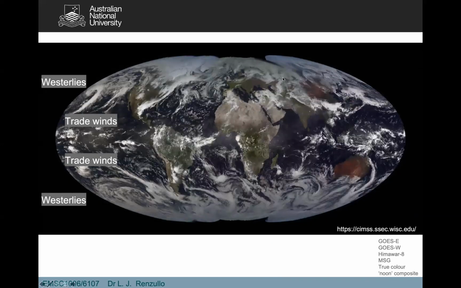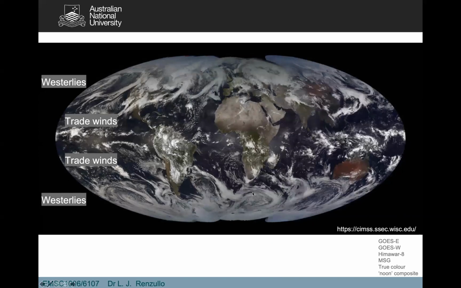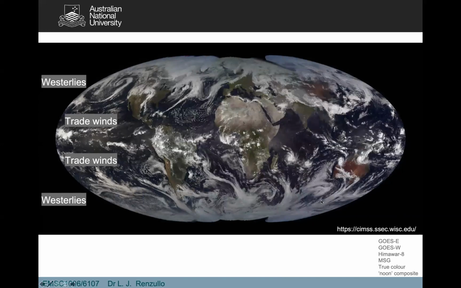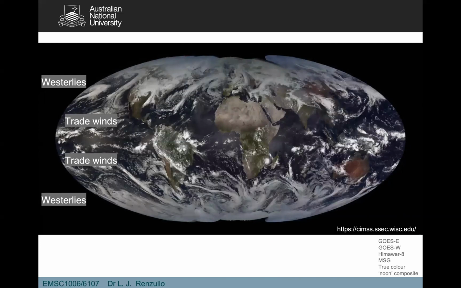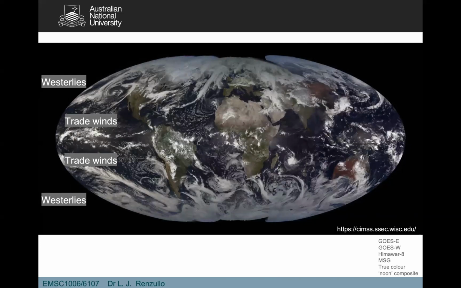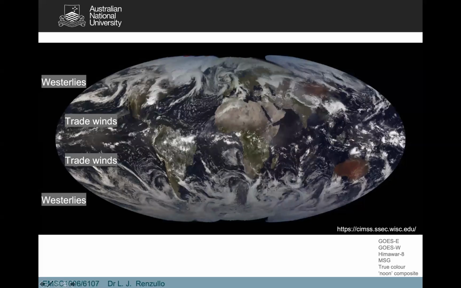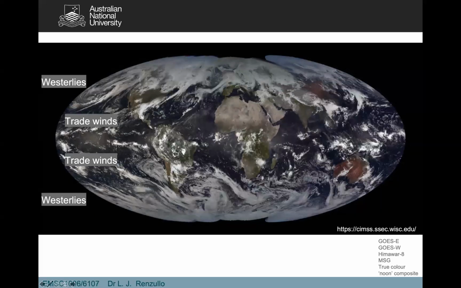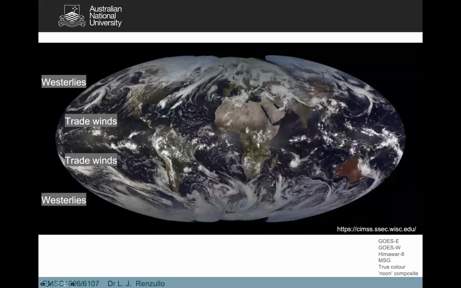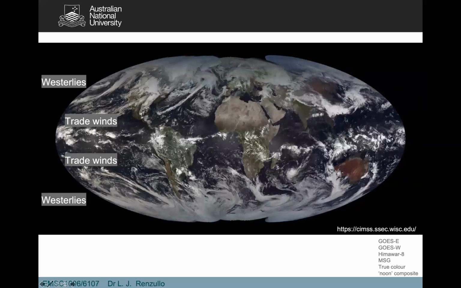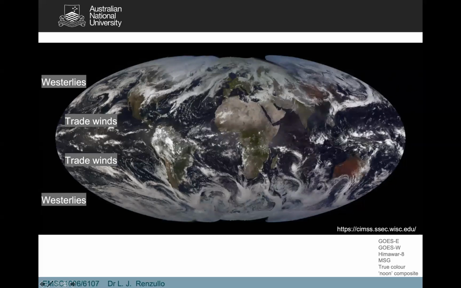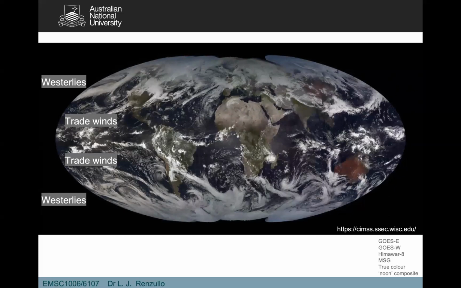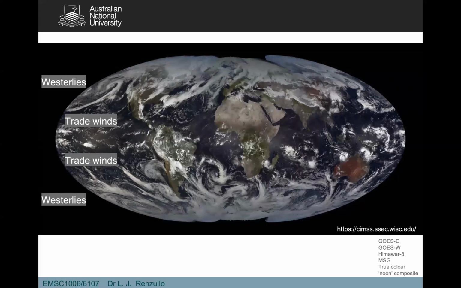You can see them flicking across the bottom here, long bands of cloud moving from west to east. Between 30 degrees and the tropics, you have the easterlies, the east moving flow of air. You can sort of see these cyclones forming over Australia and then moving to the west, so the easterlies, the trade winds.